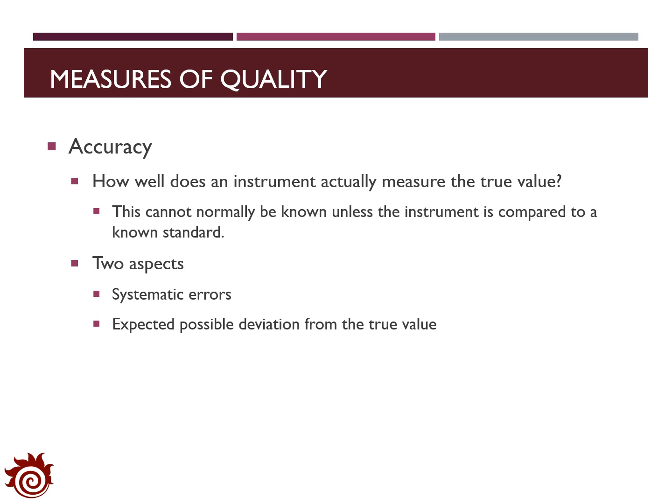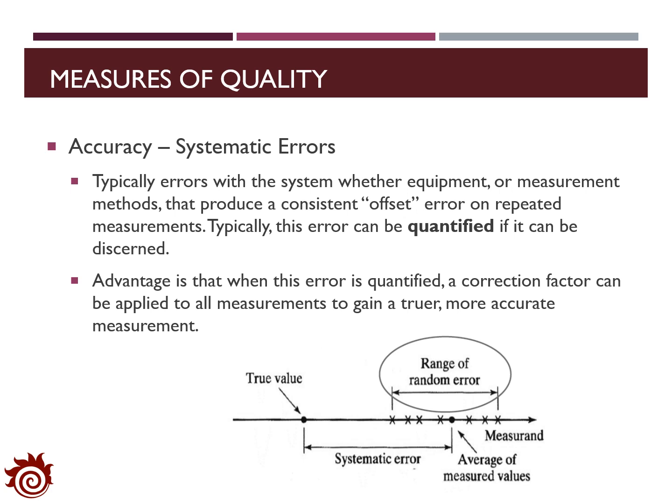Usually there will be two errors related to inaccurate measurement: systematic errors, and expected possible deviation from the true value. We have already defined a systematic error previously. Usually this type of error is related to the equipment, the measurement method, or a consistent offset during the measurement.